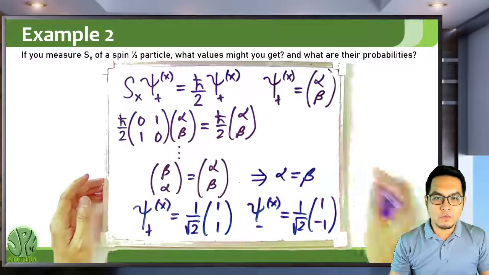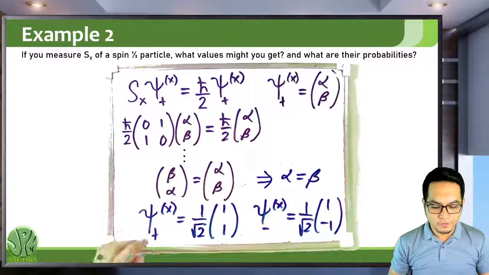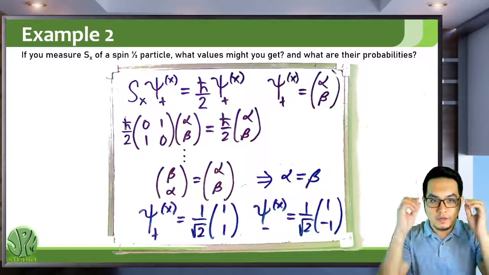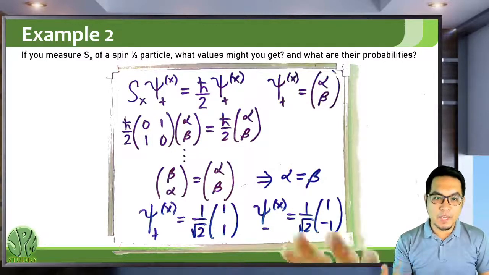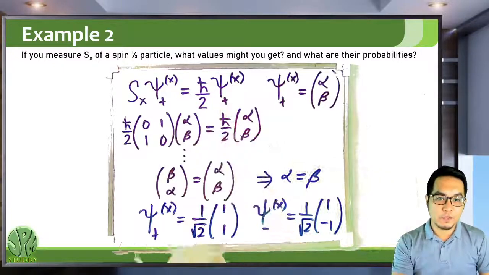Now, we know the eigenvalues. We now try to solve for the eigenfunction. You already know these steps from before. You first solve for the eigenfunctions for spin up. For the spin up, the eigenvalue lambda is positive h bar over 2.